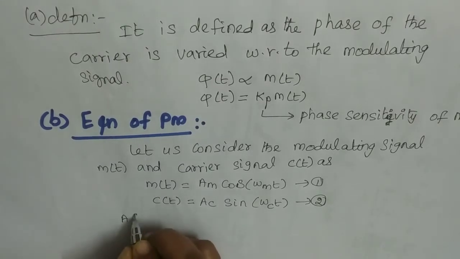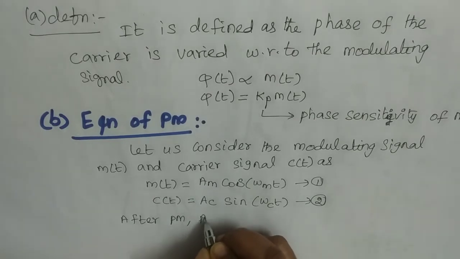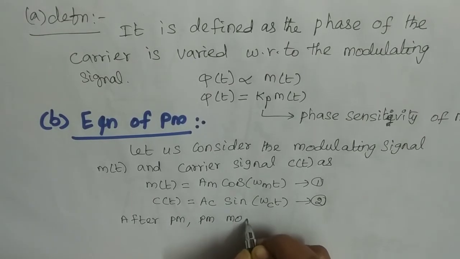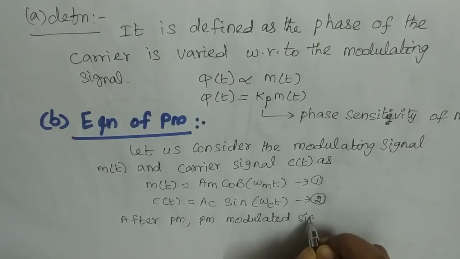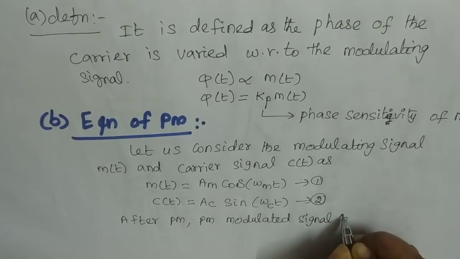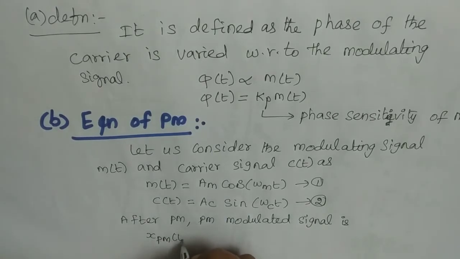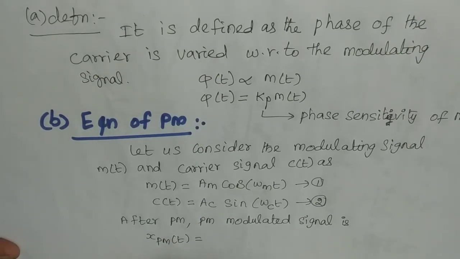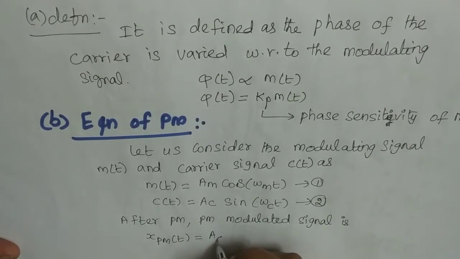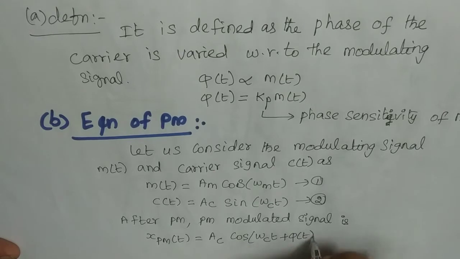After phase modulation, the PM modulated signal is given by xPM of t. We can use xPM of t or yPM of t. xPM of t is equal to Ac into cos of omega ct plus phi of t.